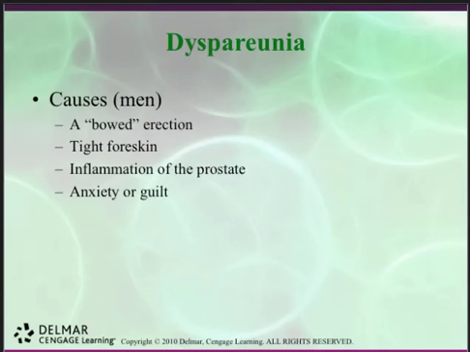It could be anxiety about the size or the shape of his erection, the lesions that are present on the organ itself, or the presence of the tight foreskin, which could presage a possible painful reaction during intercourse.